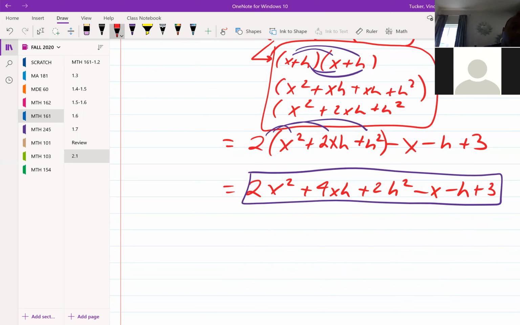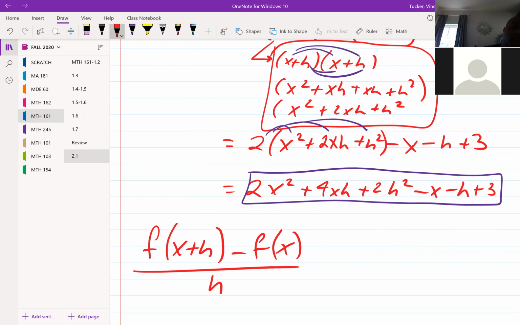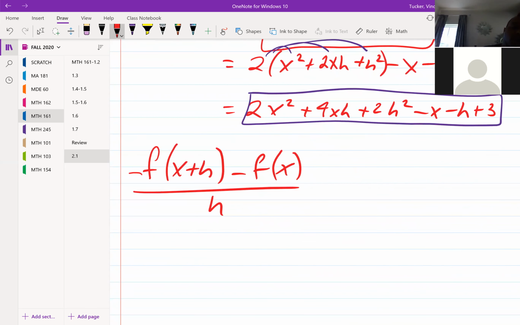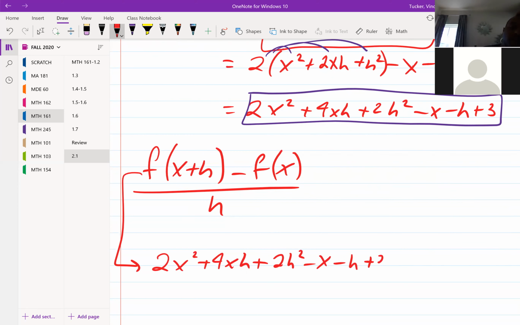All right, so don't forget what the formula is: f of x plus h minus f of x over h. So 2x squared plus 2xh... plus 2h squared minus x minus h plus 3.